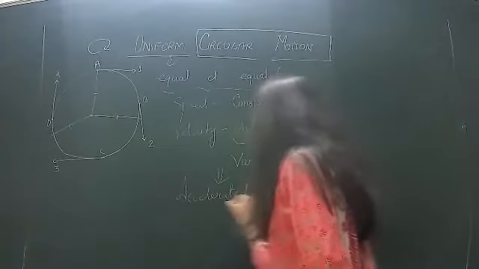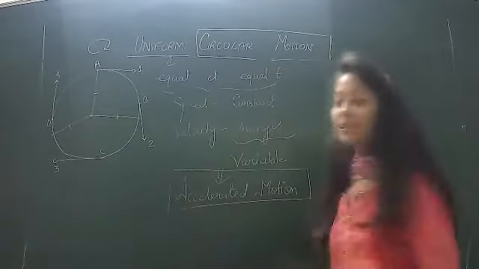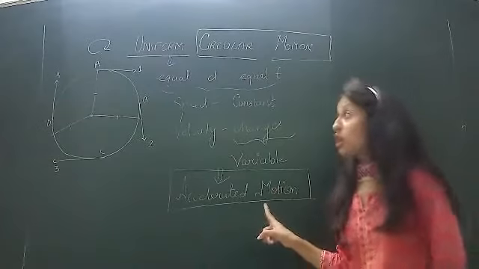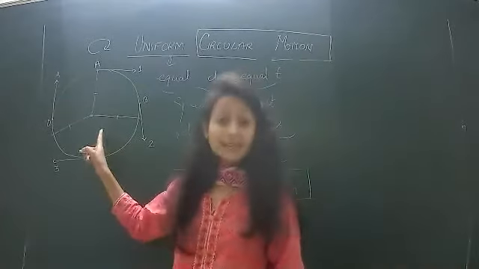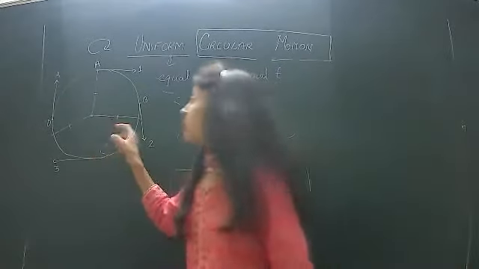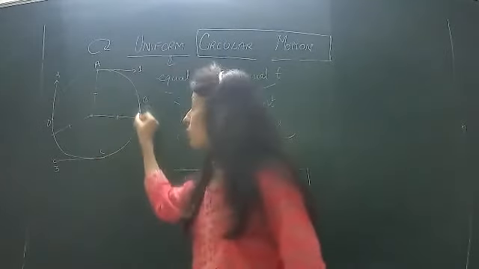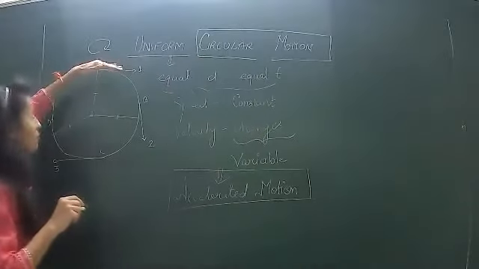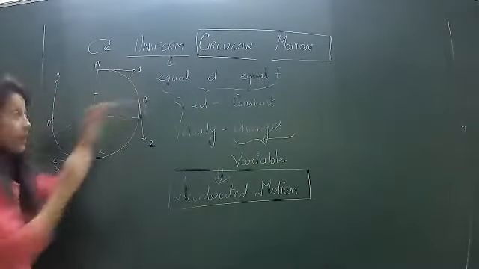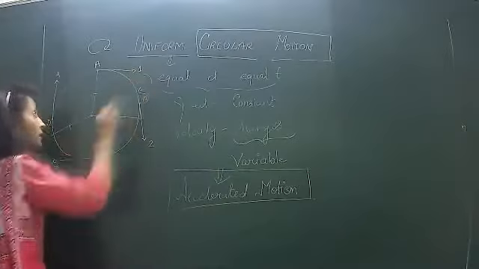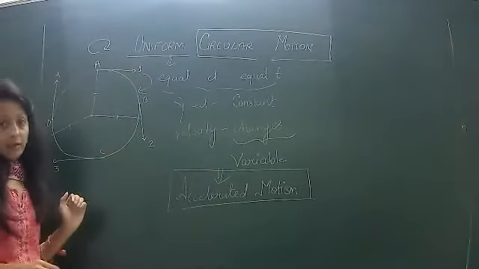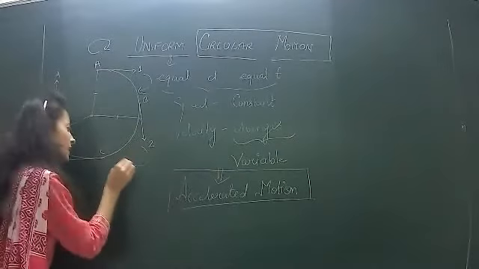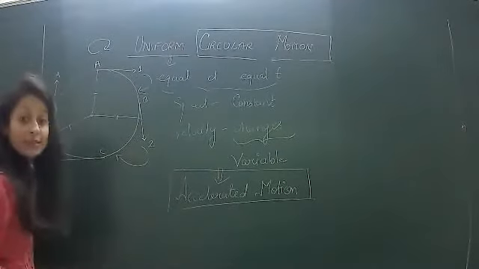Now, if there is some acceleration produced in that object, definitely acceleration requires magnitude as well as direction. So there will be some direction of this acceleration. We were considering that the object is performing uniform circular motion in the clockwise direction. So from point A to point B, the object has to take a turn towards the center. Again, from B to C, from C to D, and coming back from D to A, it has to take a turn towards the center.